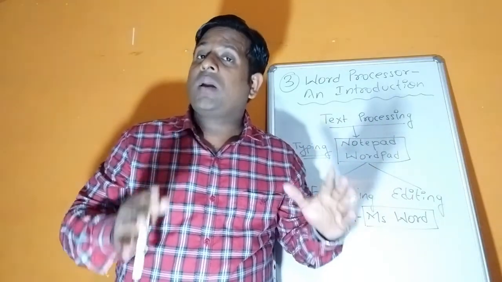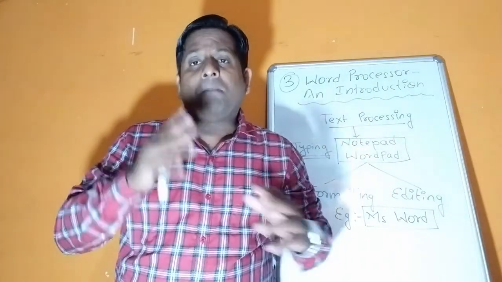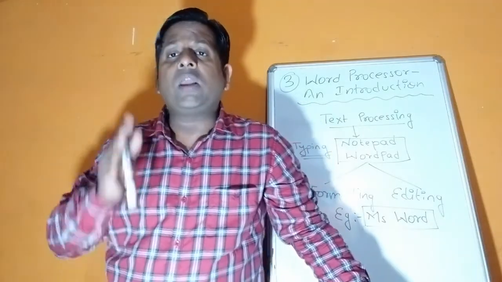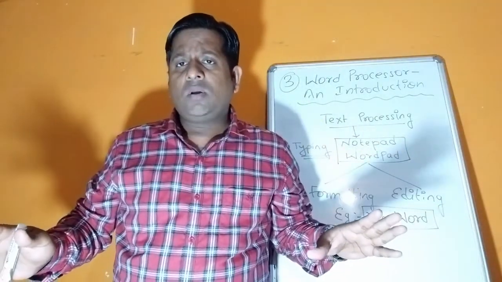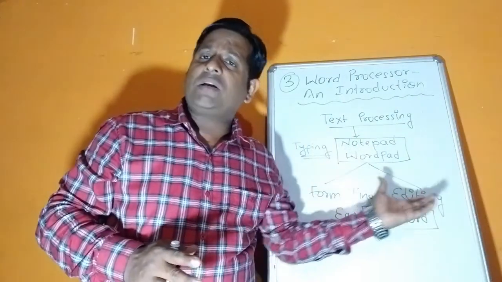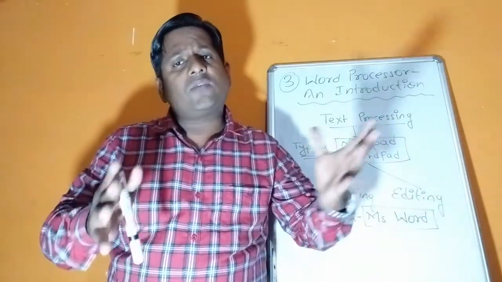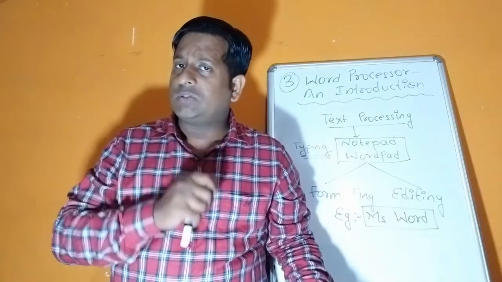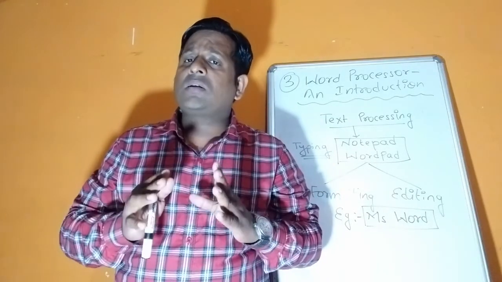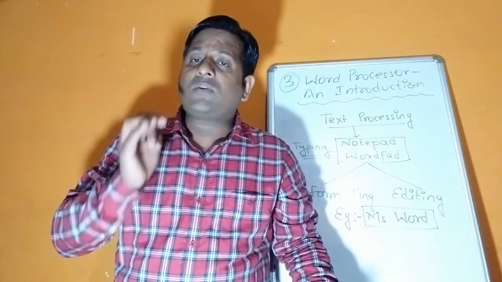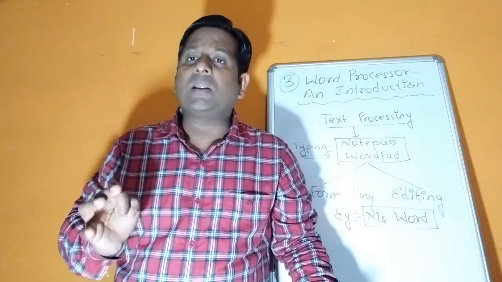So that's why we call Microsoft Word a user friendly word processor. And it has multiple features. All that I mentioned, like formatting and editing, all those features are available in Microsoft Word. So children, Microsoft Word is the most user friendly word processor available.